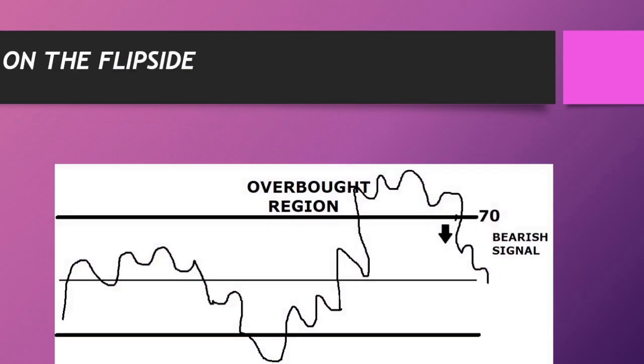On the flip side, however, if the MA line of the RSI moves below the 70 mark line from the overbought region of the RSI indicator, it signals a powerful bearish price move or a bearish reversal in price, which by implication implies that the market condition has significantly changed or turned around from the bullish to bearish direction.